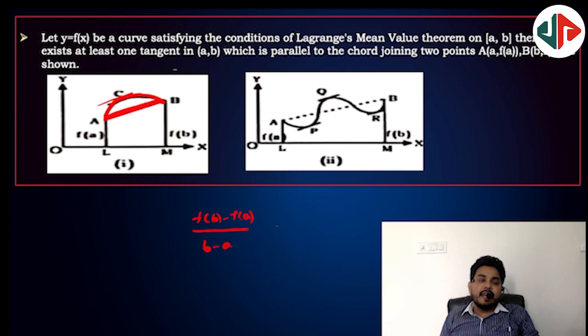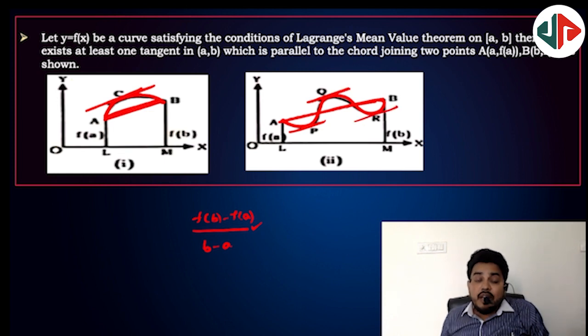There exists a parallel. Now a is here, b is here. So this curve is going like this. This is the slope of this line. So there exists here one parallel tangent, here one parallel tangent.